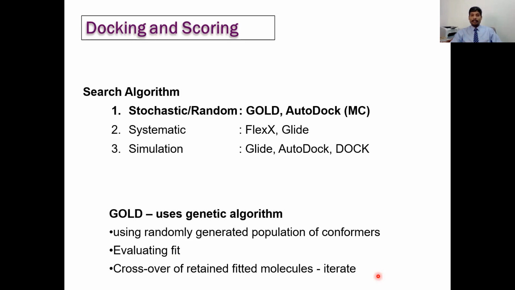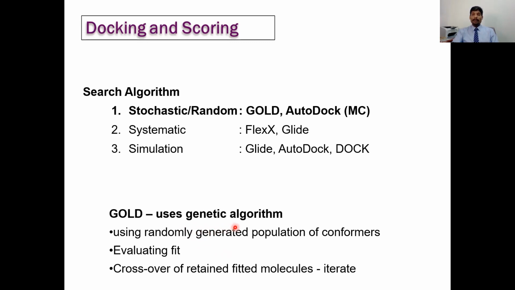That is why it is genetic: you have parents and progeny. Similarly, the best among the random orientations are taken as parents and hybridized to find which progeny structures are better for binding to the protein active site. That is how it uses the algorithm to generate the different conformations and find the best one.